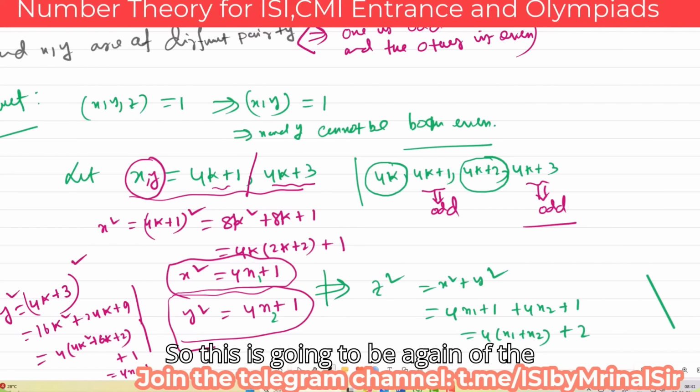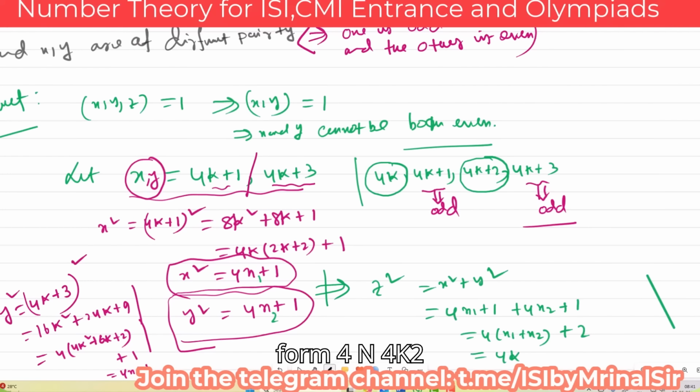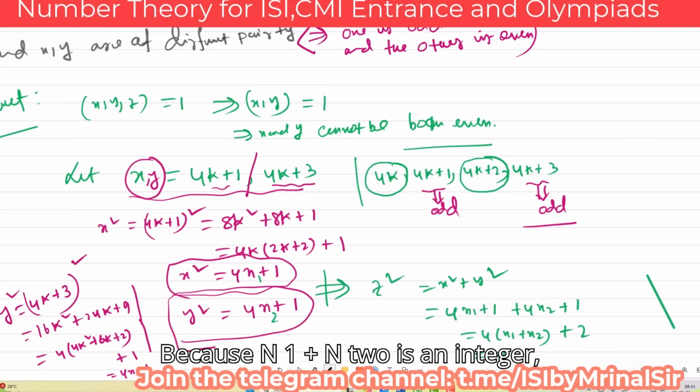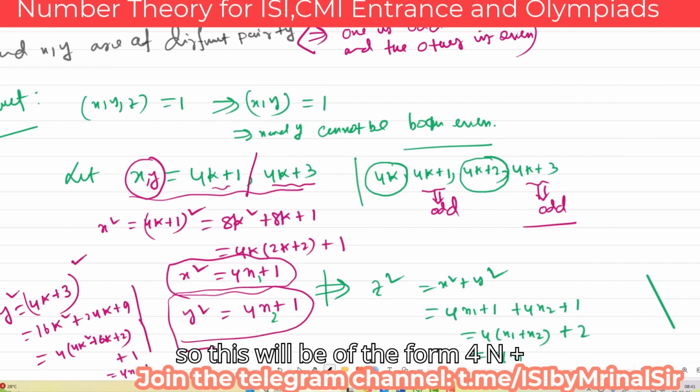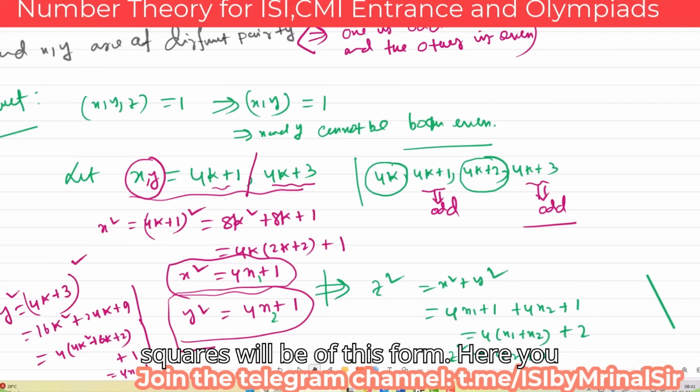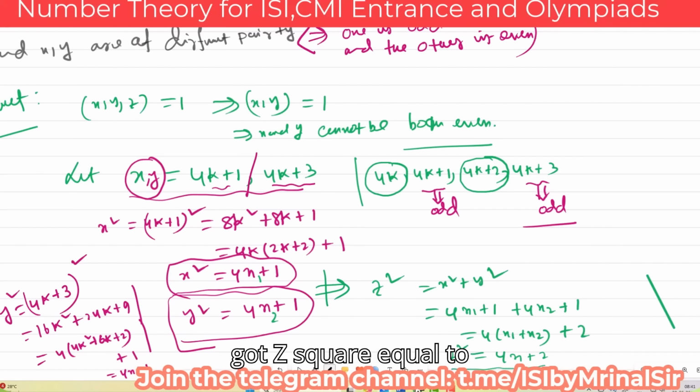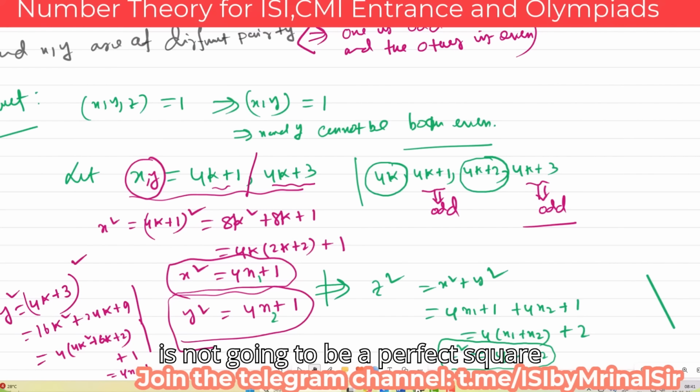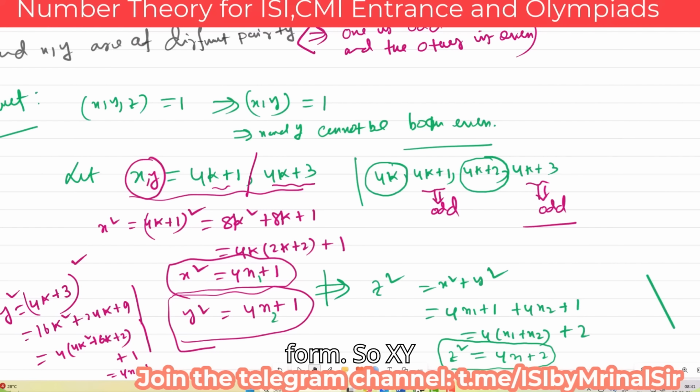So this is going to be again of the form 4n plus 2. Why? Because n1 plus n2 is an integer. So what you have got? Z square is not of the form 4k or 4k plus 1. Perfect squares will be of this form. Here you got z square equal to 4n plus 2. So this is not going to be a perfect square form.